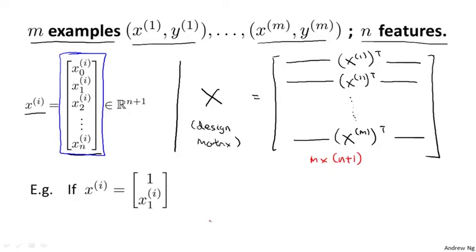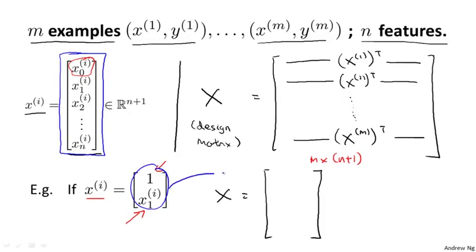As a concrete example, let's say I have only one feature other than x0, which is always equal to 1. So if my feature vectors xi are equal to this 1, which is x0, and then some real feature like maybe the size of the house, then my design matrix X would be equal to this. For the first row, I'm going to basically take this and take its transpose.